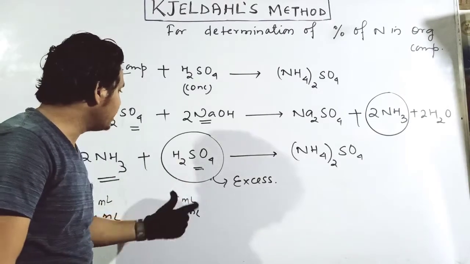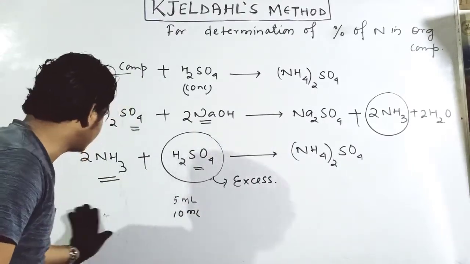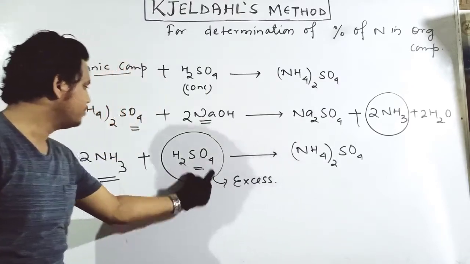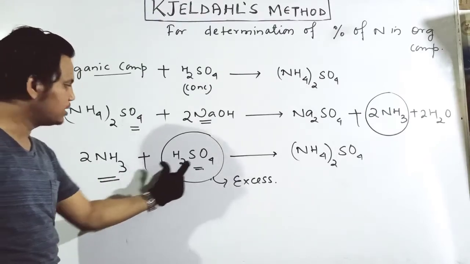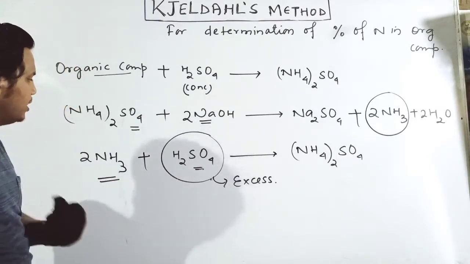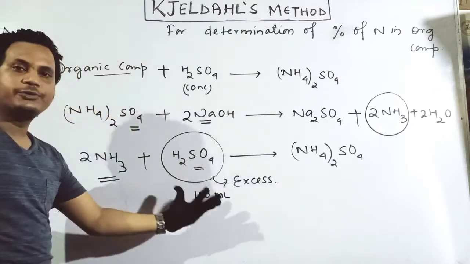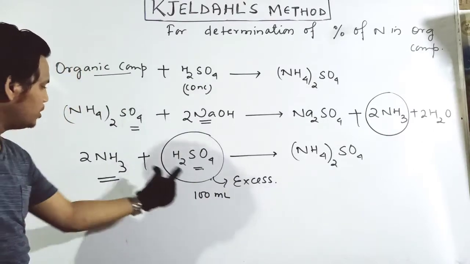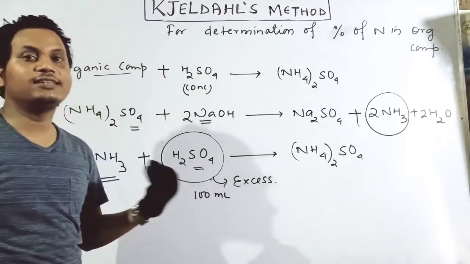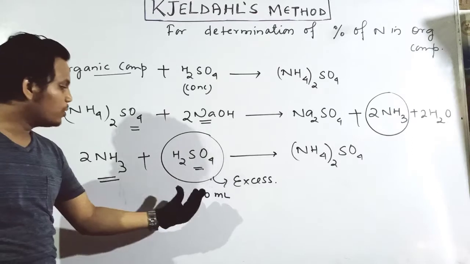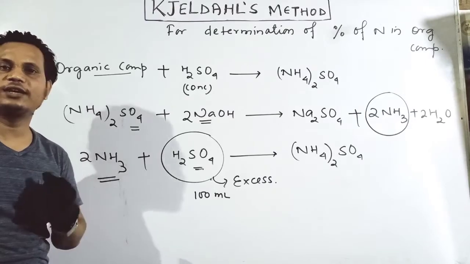So sulfuric acid is taken in excess quantity. From the excess quantity, some volume is used to neutralize the ammonia. Suppose it is taken as 100 ml. Out of 100 ml, some volume will be used to neutralize the ammonia and some volume will be left. Then again the same problem is there: how can we know what volume of sulfuric acid is used for neutralizing the ammonia?